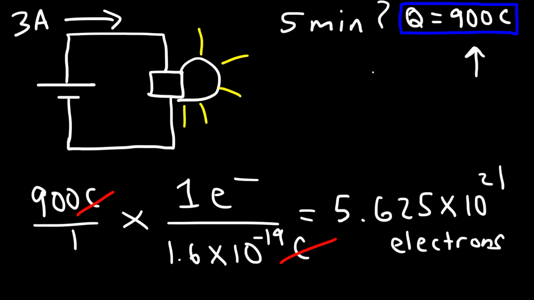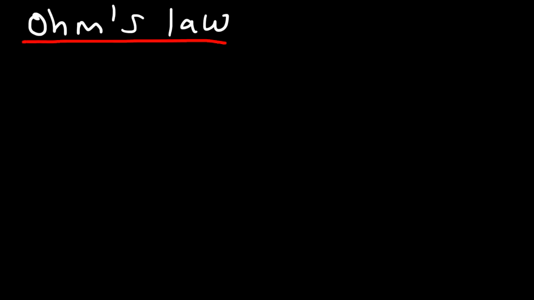So anytime you hear the word electric charge, just know that it represents the quantity of protons or electrons, or basically the quantity of charged particles. Now let's talk about Ohm's law. What is Ohm's law? Ohm's law describes the relationship between voltage, current, and something called resistance.